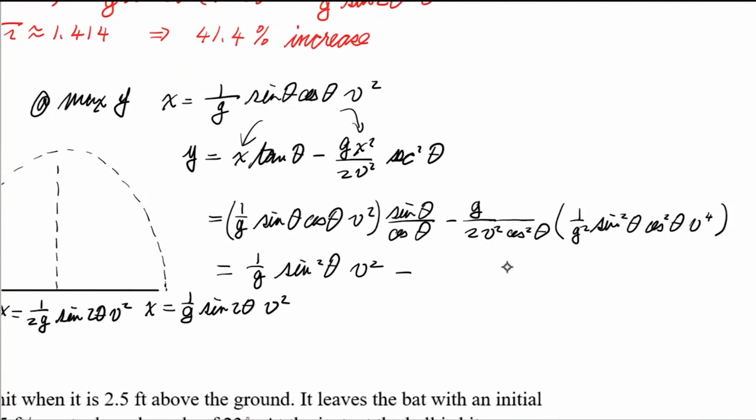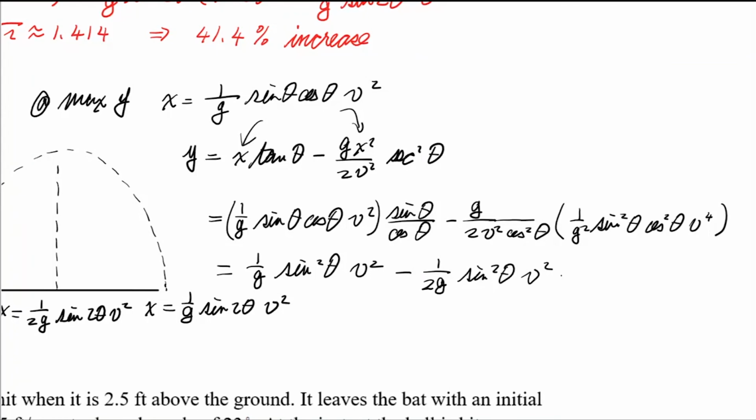And then here, v's cancel, so one of the g's cancels, so I have 1 over 2g. Cosines cancel, so I have sine squared theta, and then v squared cancels, that's v squared, so it's still this. Wow, that simplifies nicely now, doesn't it?